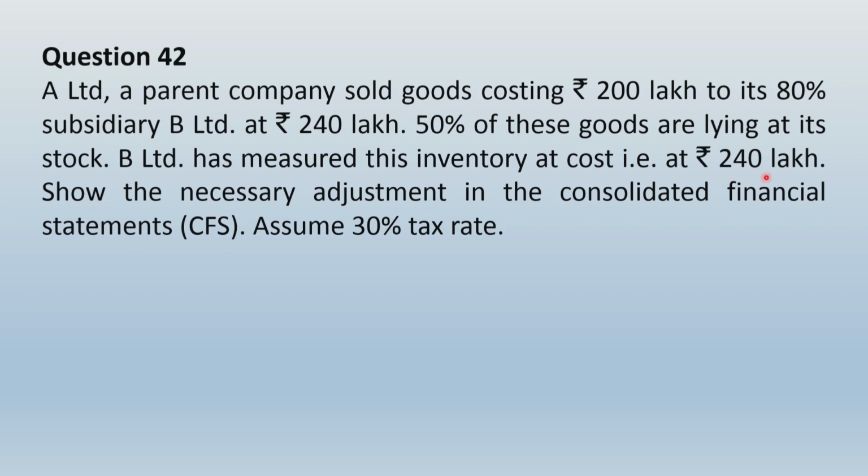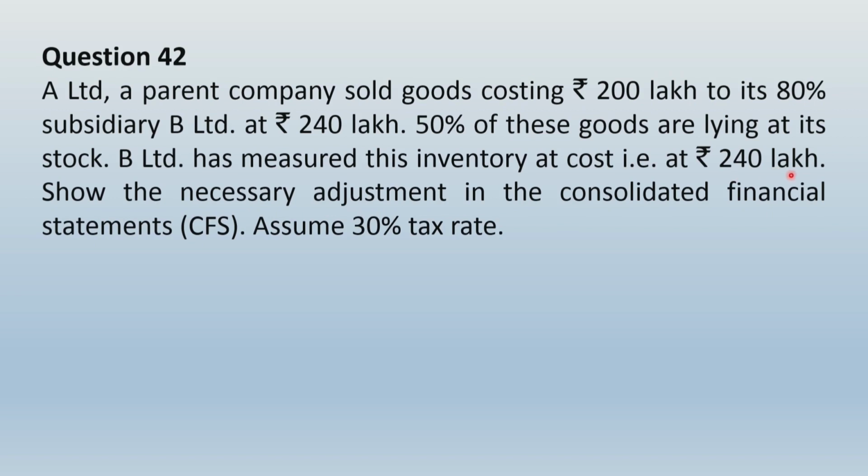If half of the goods are lying in stock, as per tax records, the tax base value would be 120 lakhs, that is half of this, whereas in the accounting records you are going to reduce the inventory by 20 lakhs due to that unrealized profit. So the tax base value of the asset will be greater than the accounting value or the book value of the asset or the carrying amount of the asset in the group. I am not talking about the separate financial statement, I am talking about the group.